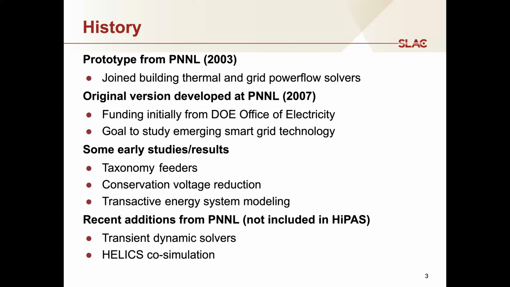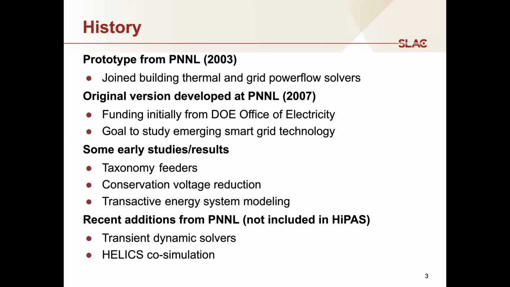So one of the things that came out of it, which I'll talk about further today, is a taxonomy of feeders in North America that exemplify sort of the variety of network systems and designs that you find in North American distribution feeders.